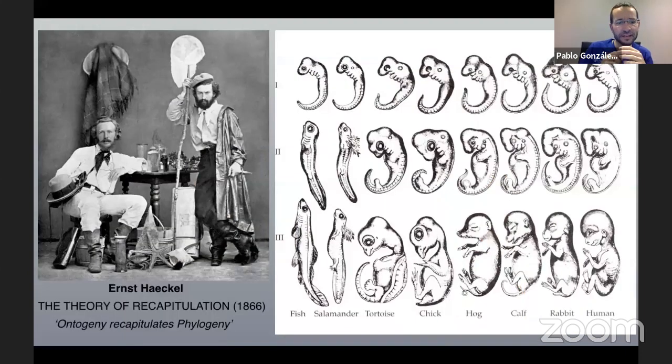And this funny guy, he's Ernst Haeckel. It looks like he had a very, very interesting life. And this guy was the first who established the so-called theory of recapitulation. And he argued that ontogeny recapitulates phylogeny.